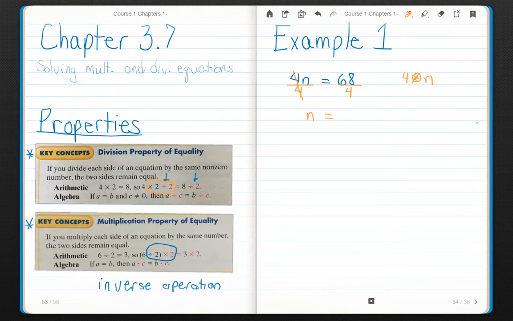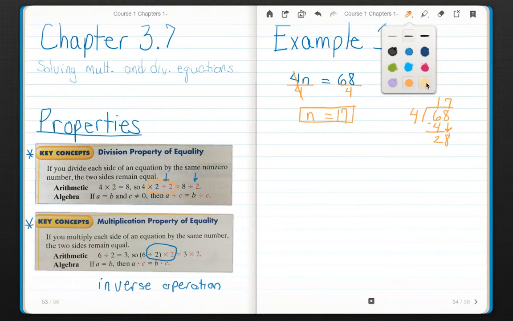Can't do that in my head, so I'm going to go over to my scratch paper, and this is where I'm going to write that 68 divided by 4. 4 goes into 6 once, 2, bring down the 8, 4 goes into 28 7 times, so n equals 17.